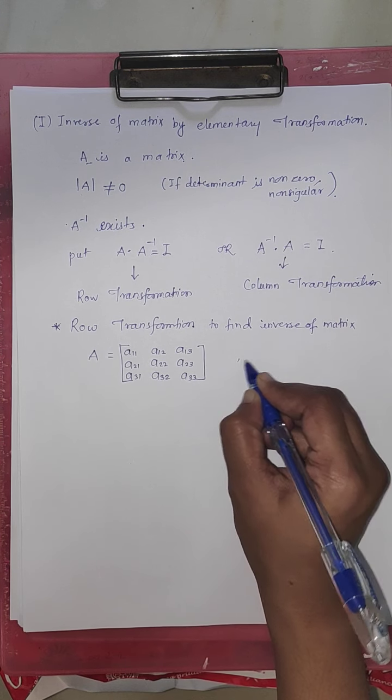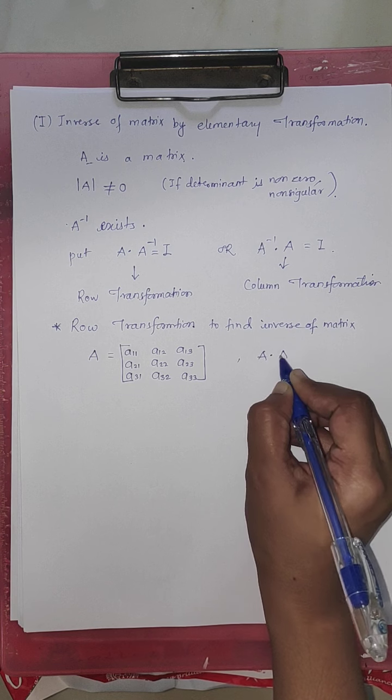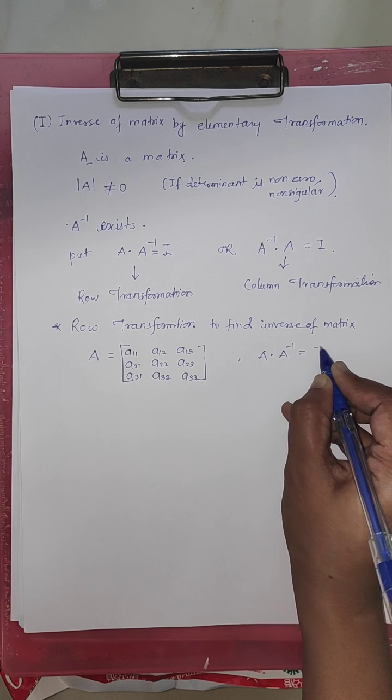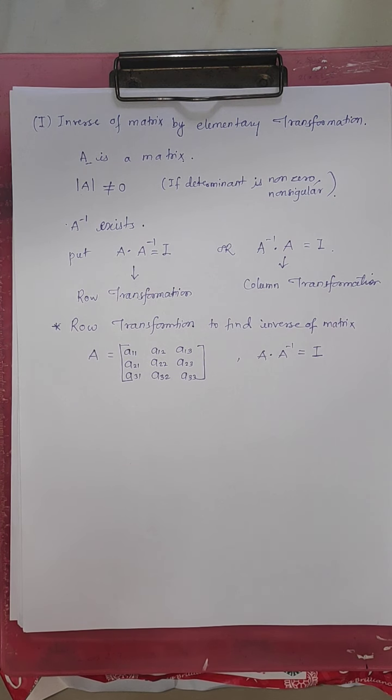So we are using A into A inverse is equal to I, I means identity. So you want to do row transformation.